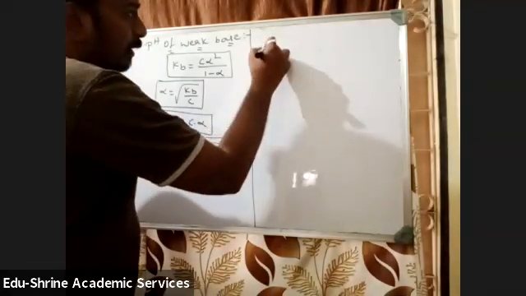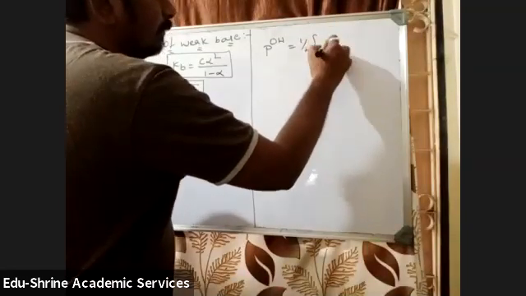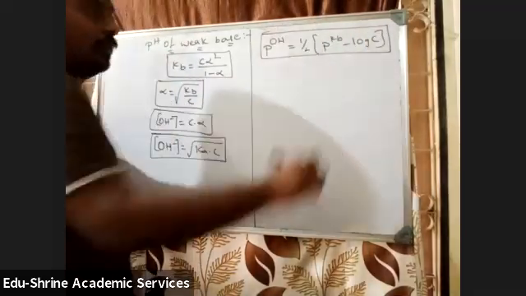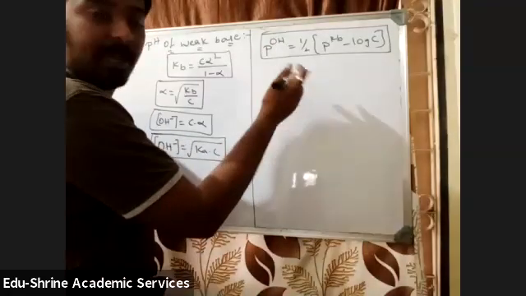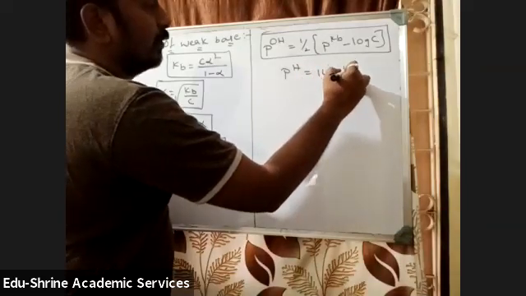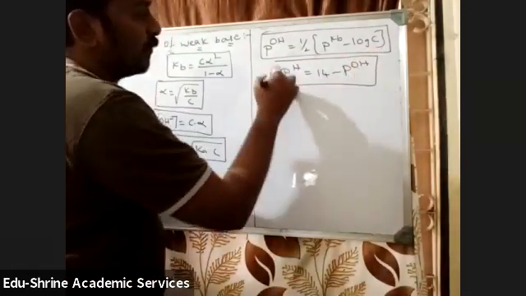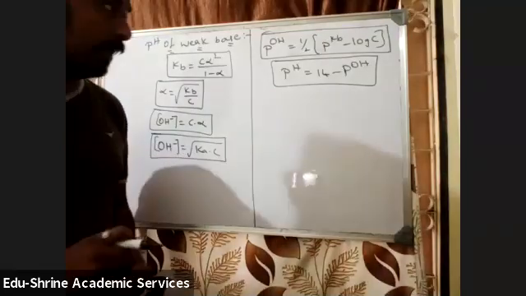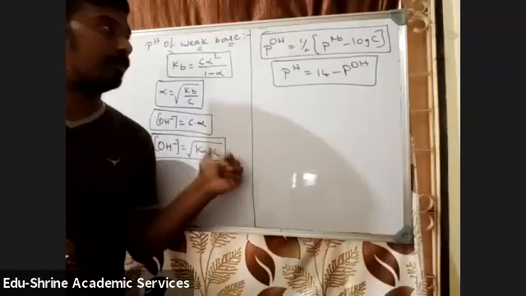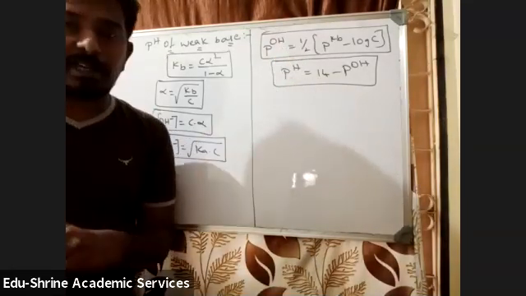So pOH is equal to half into pKb minus log C. Once you know pOH, you can calculate pH. pH is equal to 14 minus pOH, because the sum of pH and pOH must be equal to 14. So this is for weak base, similar to weak acid, only instead of H plus, you will get OH minus.